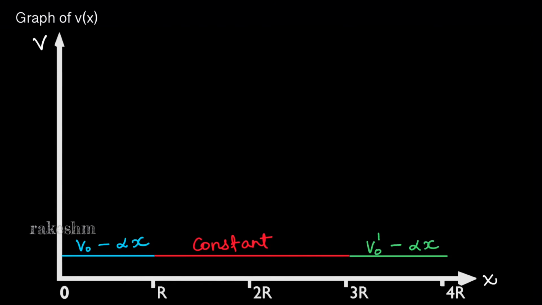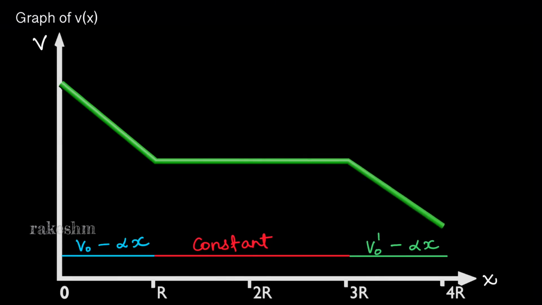So now if we plot the graph, we will get something like this. So v0 minus alpha x, the velocity is decreasing, then it becomes constant, and then again it decreases. After 4R, again it becomes constant.